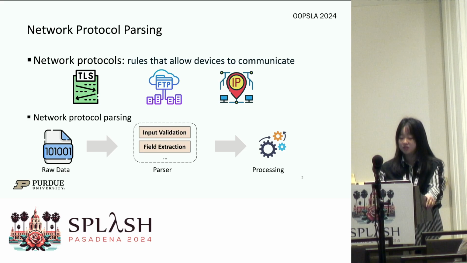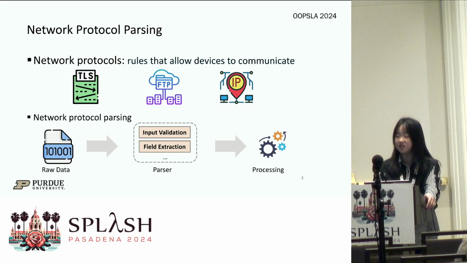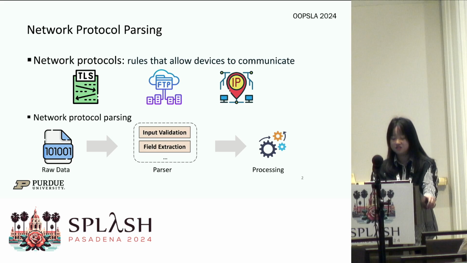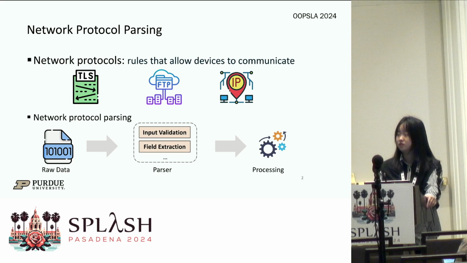This involves input validation, which checks whether the incoming data satisfies the correct format, and also field extraction, which extracts specific field values from the raw data. And once passed, the system uses the data for further processing, like transferring files or setting up a secure connection.